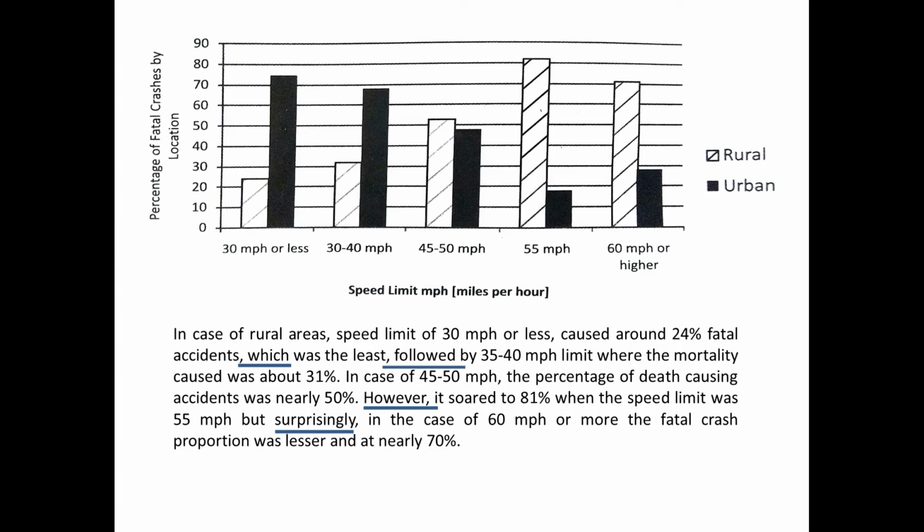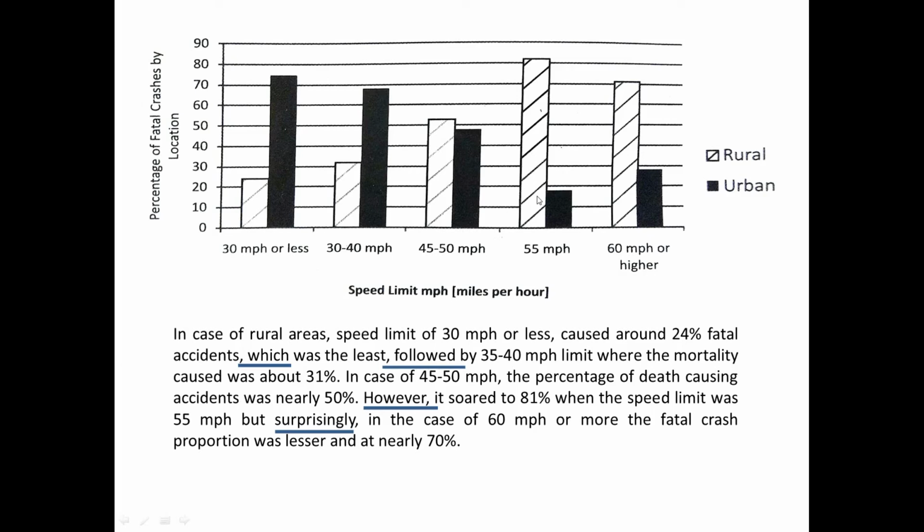So this is it. And we have also shown the least, meaning the lowest point, and we can also show the highest point over here. I have not written it in the graph, but you can write that at 55 mph the fatal crash proportion was highest.